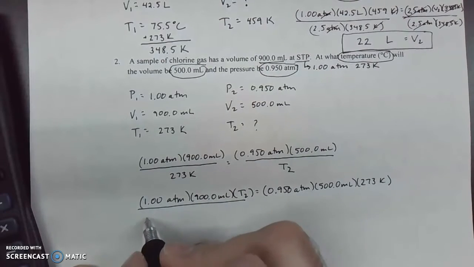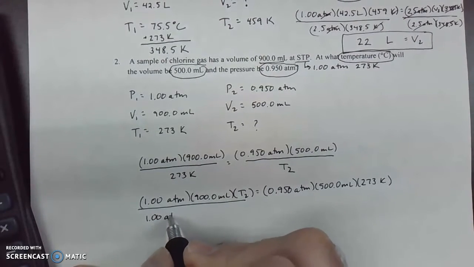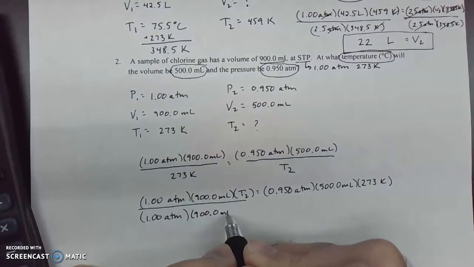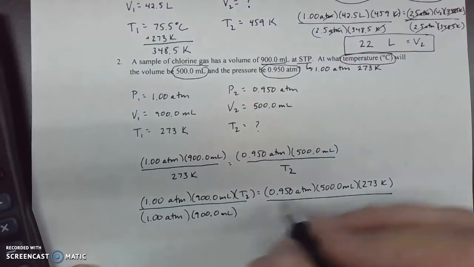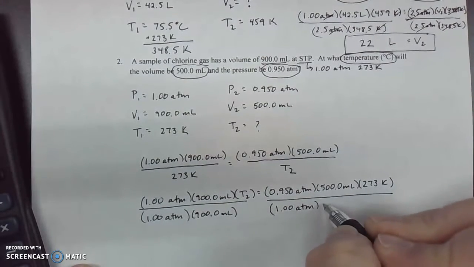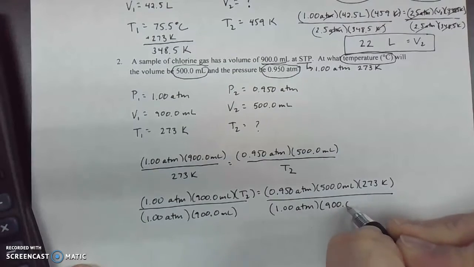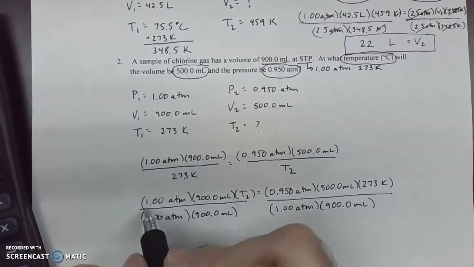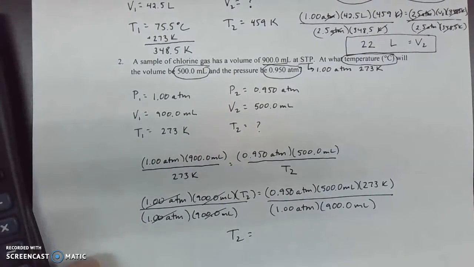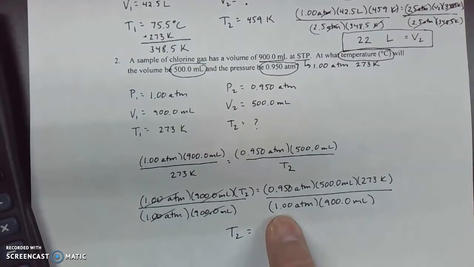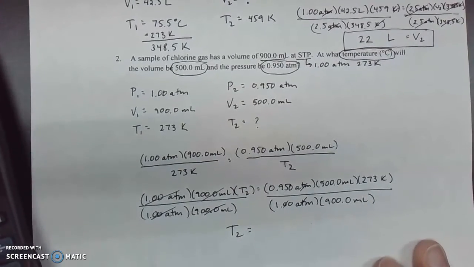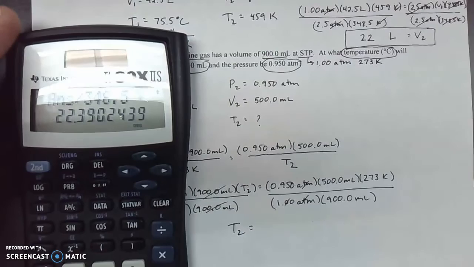I want to get T2 by itself, so I'm going to divide both sides by these to get rid of them. That allows us to cross out those, and we're left with T2. And since this is 1 atmosphere, the units cross out, but anything divided by 1 is itself, so we don't really have to worry about that.